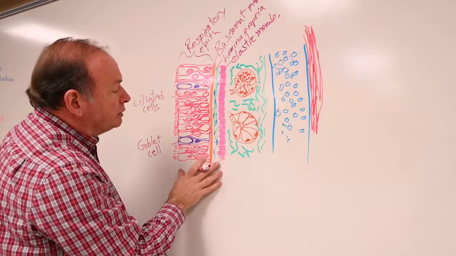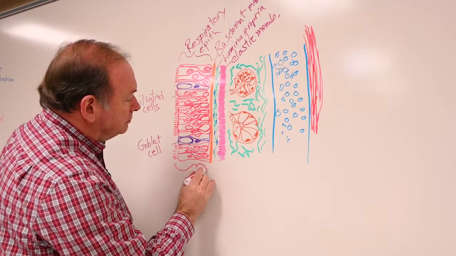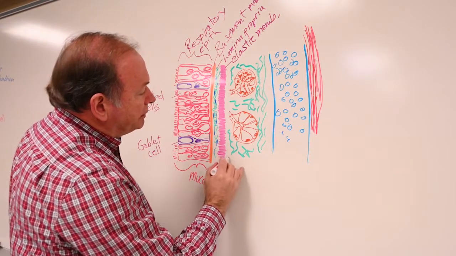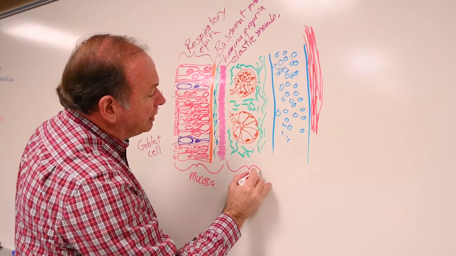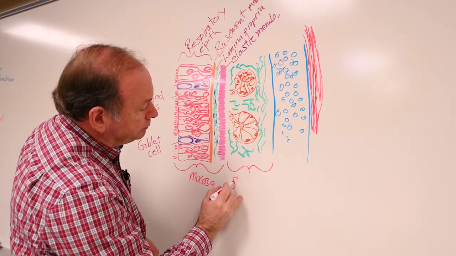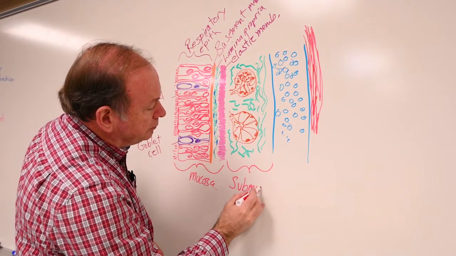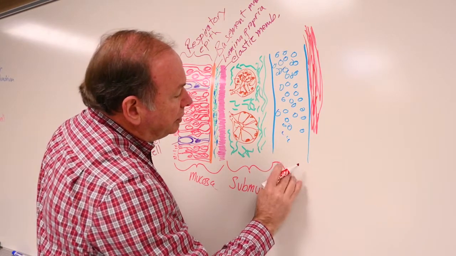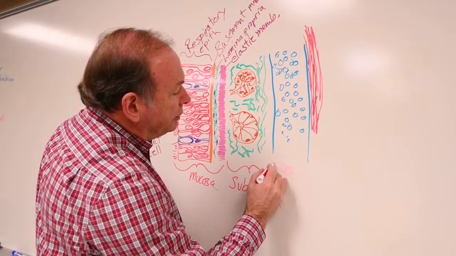So we have a mucosa. We have a submucosa with seromucous glands. We have the cartilage, smooth muscle zone.